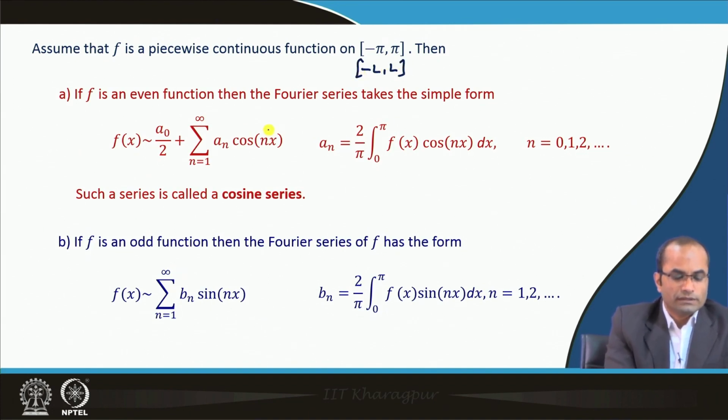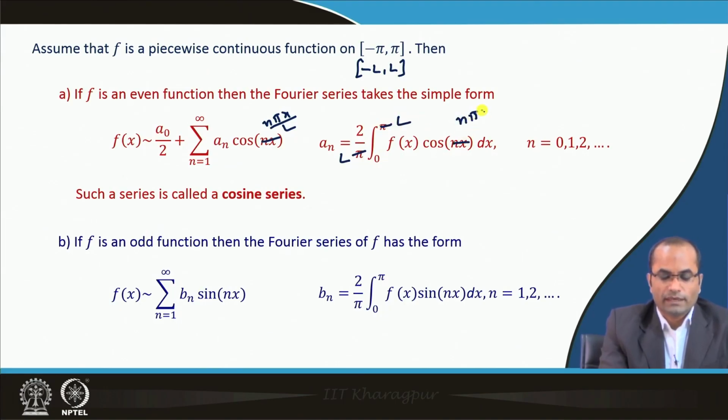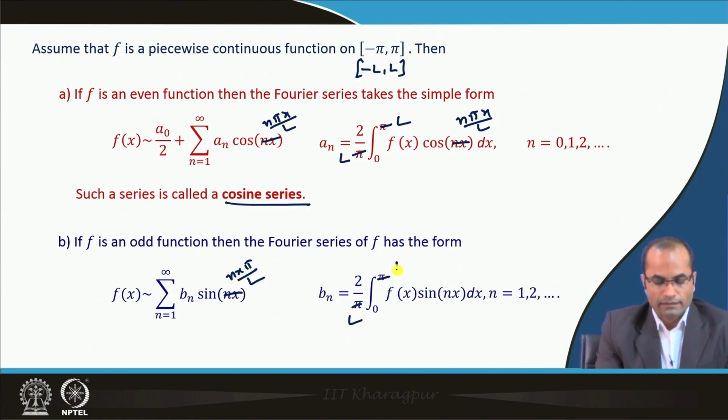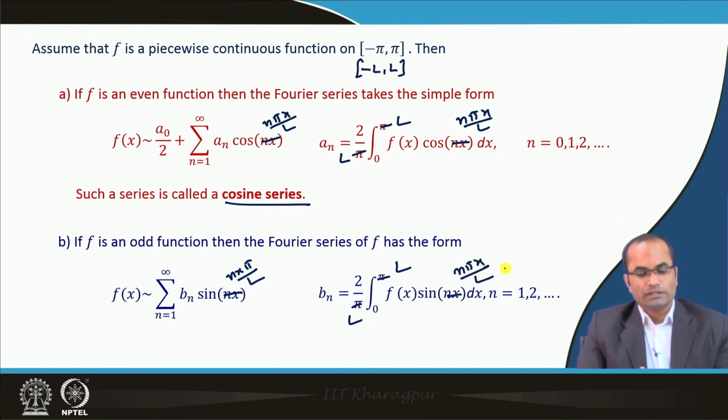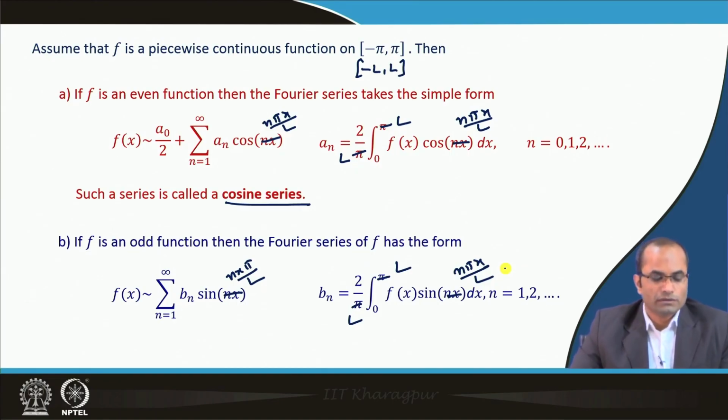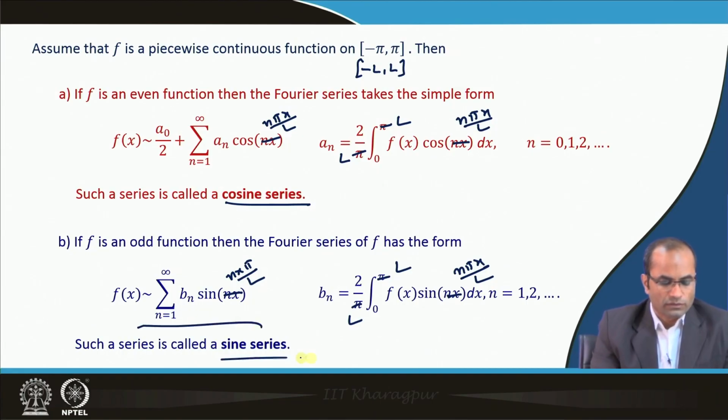Here n x will simply be n pi x over L, and in the integral, instead of pi, we will have just L, and again n x will be n pi x over L. So, this is the more general formula for the cosine series, and the sine series takes the same form, with n pi x over L in place of n x. With these changes we have the more general Fourier cosine or Fourier sine series for functions which are even and odd respectively. Such a series is called the sine series.